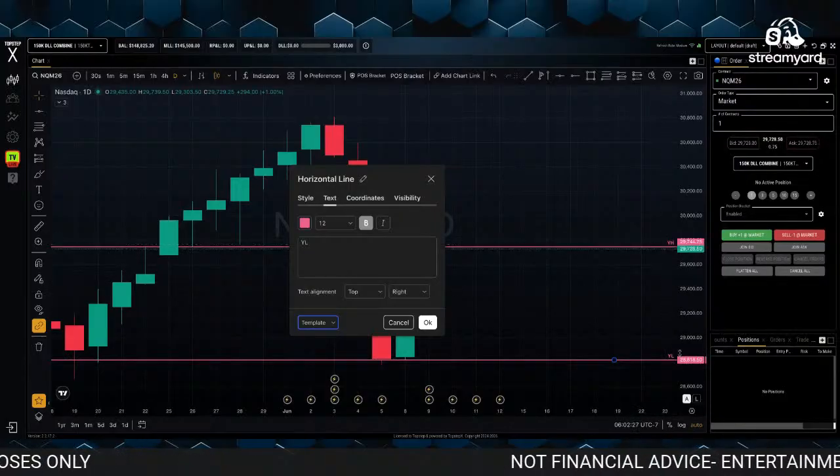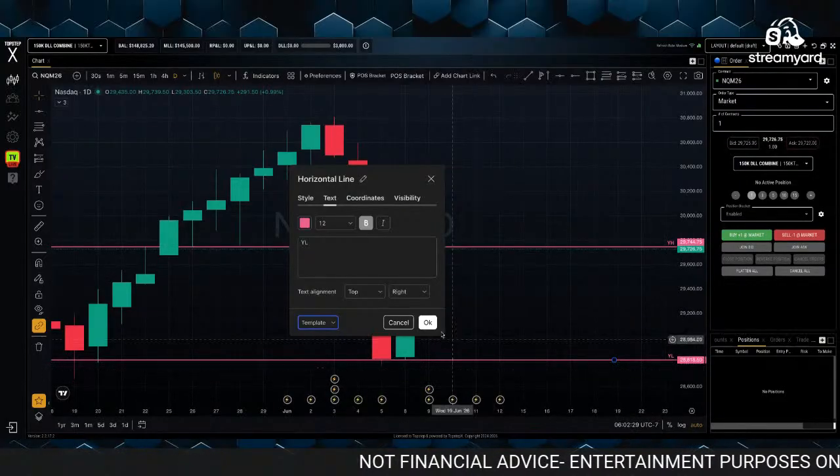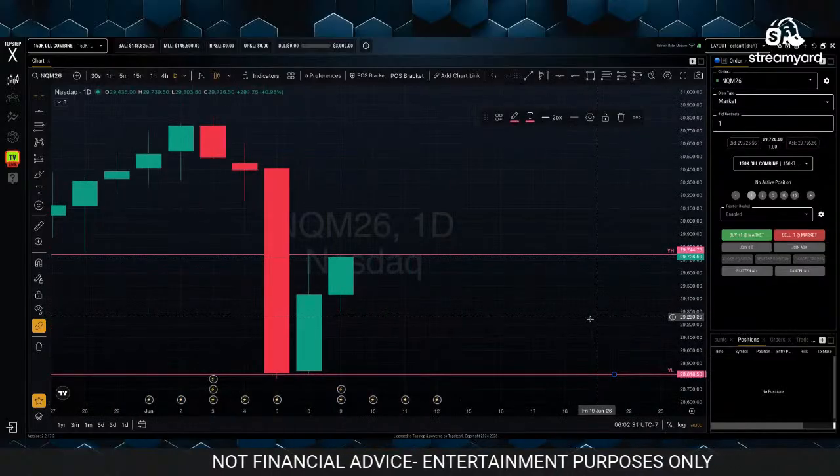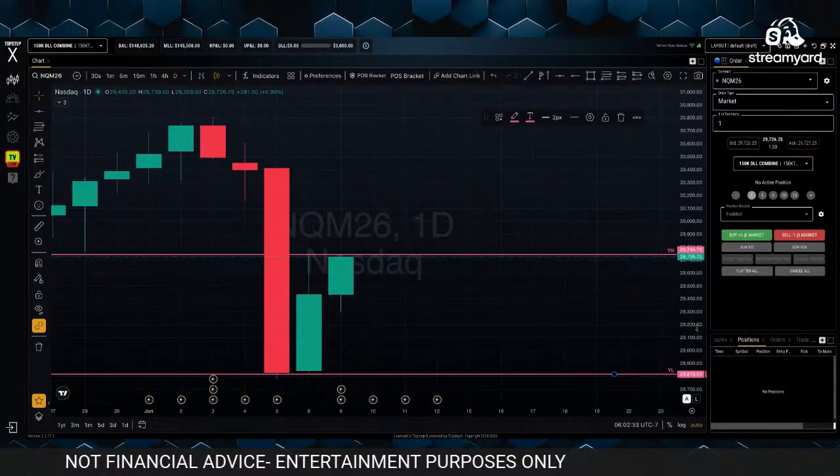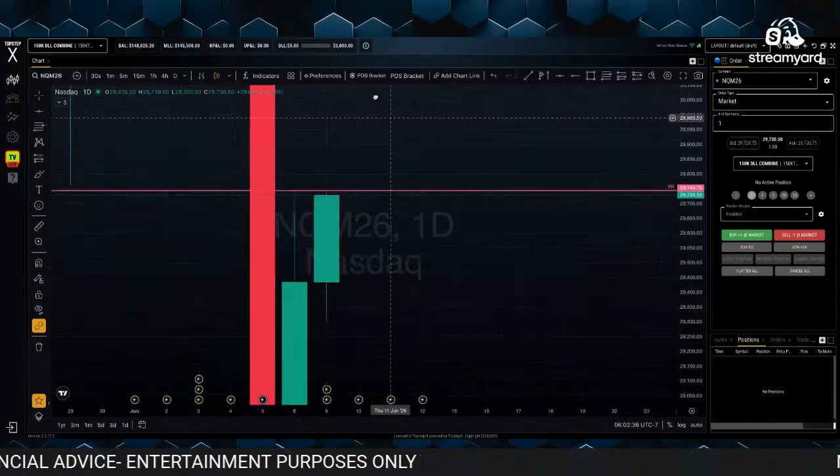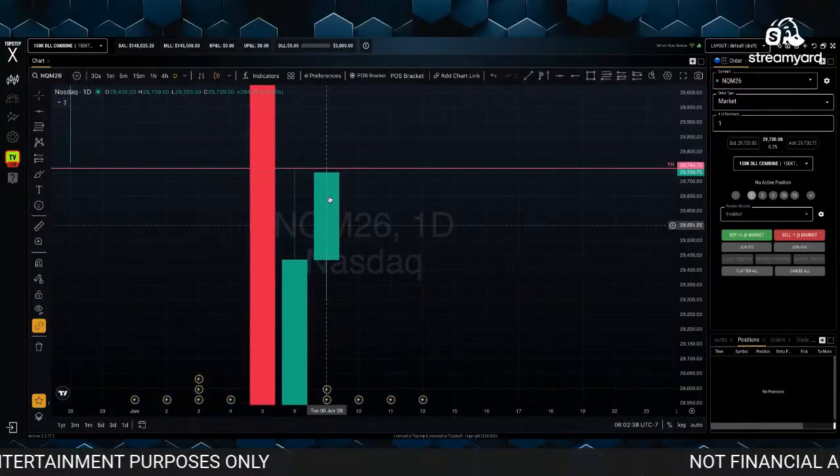Yesterday's high, yesterday's low. And then all I'm gonna do is mark out today's candle, which is the one that's actually moving right now.